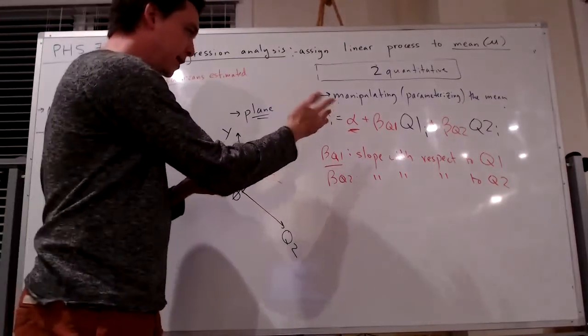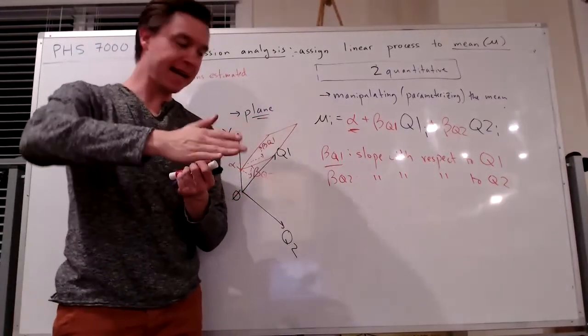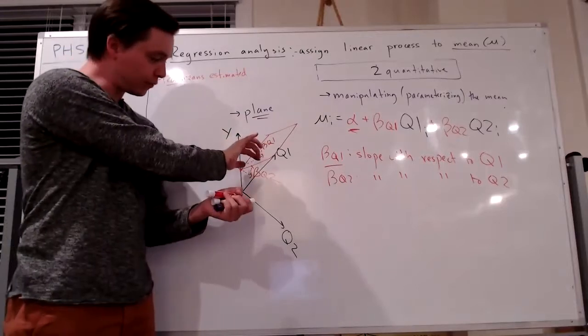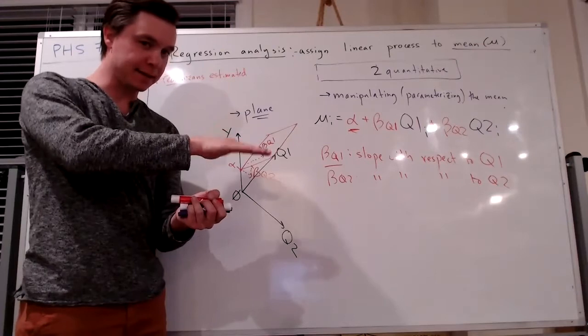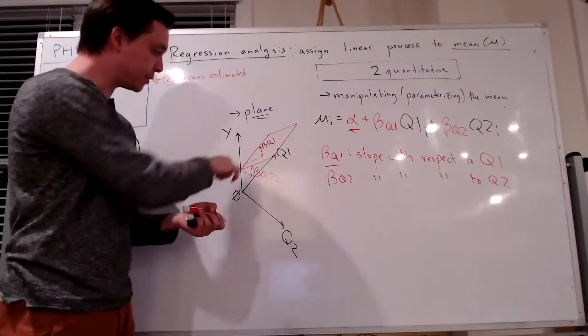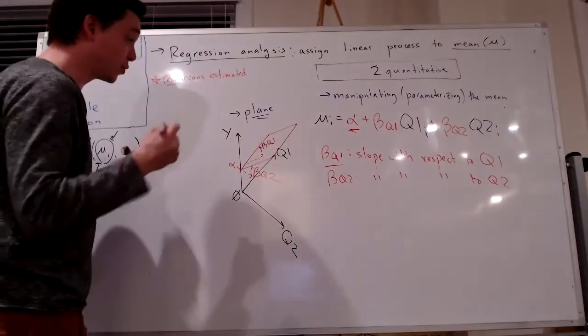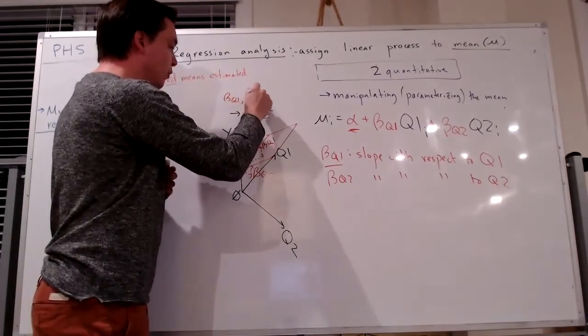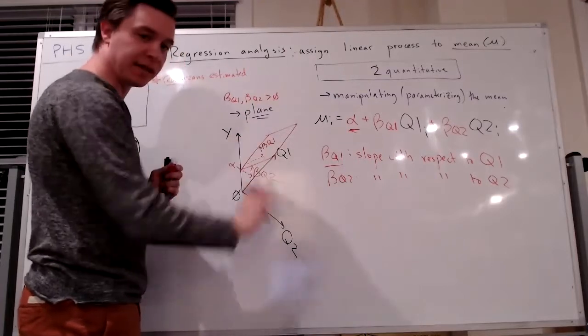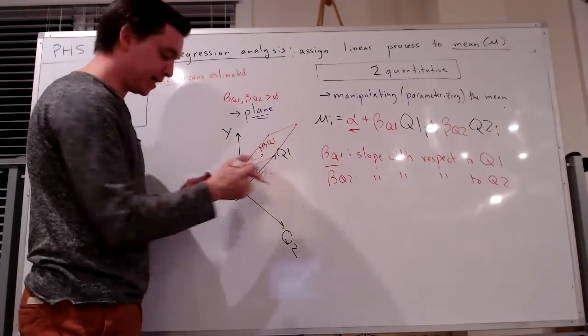This can rotate and tilt down in one direction and up in another direction. The way I drew it here, both beta Q1 and beta Q2 are positive, but that doesn't have to be that way. One can be flat, right?